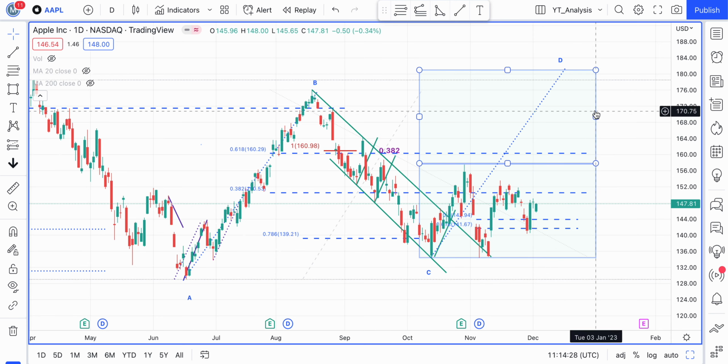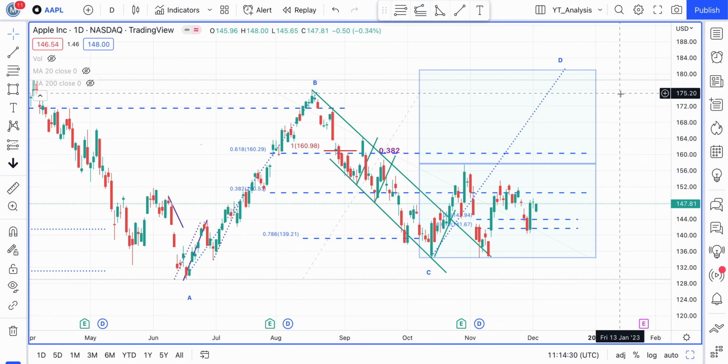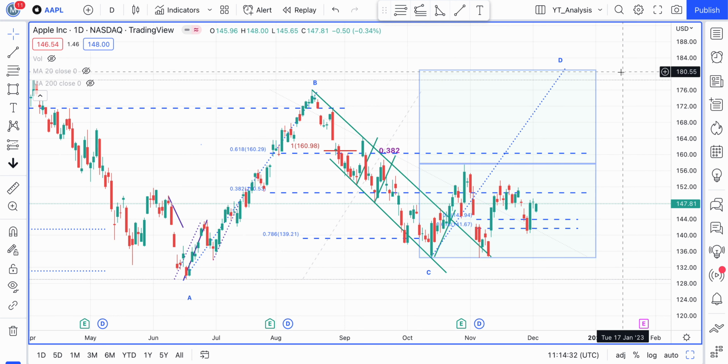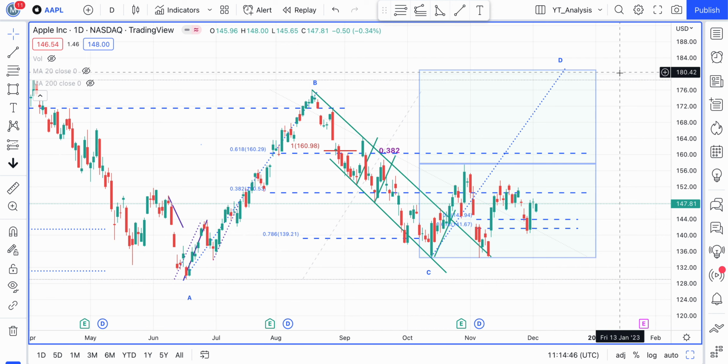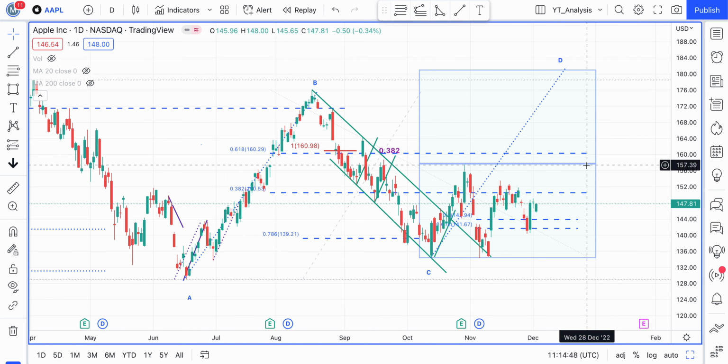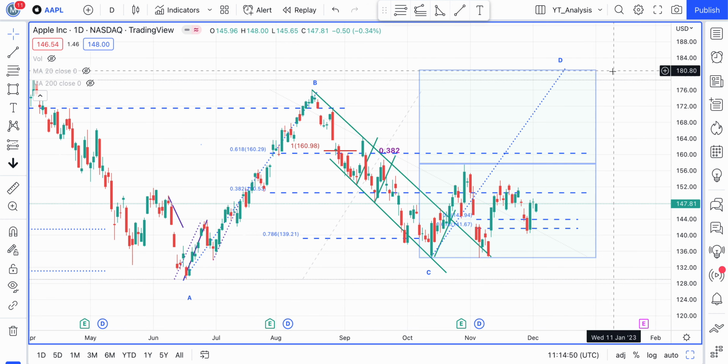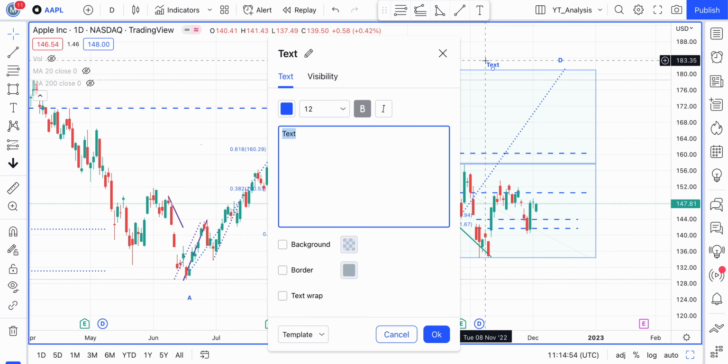We think that this ABCD pattern will hold, and the market is likely to go and test the upper range of this range bound trading which has been taking place since the beginning of this year. So as long as these levels are held, the ABCD pattern and also this one-to-one projection is coming around the $180 per share level. So let me just write that quickly.